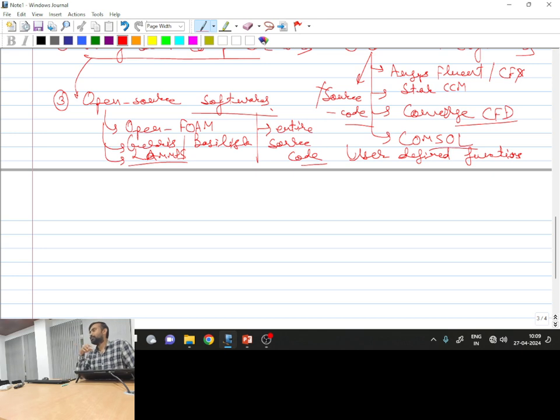But before doing that, you should have knowledge of the structure of the source code in which it is written, because only then will you be able to make changes in that. Okay, so these are the different approaches which people typically use for multi-phase flow problems.